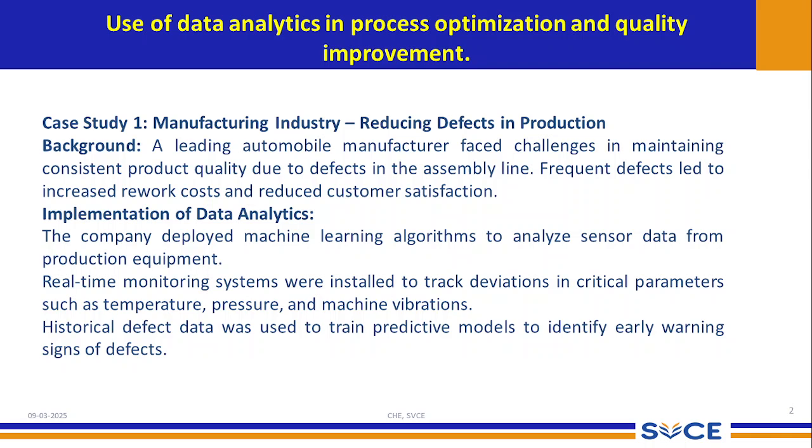Historical defect data was used to train the predictive models. How does the system know which data is correct and which is not? Because of the previous records of the data measured during inefficient production, that data was given to the system to train the predictive models to identify early warning signs of defects.